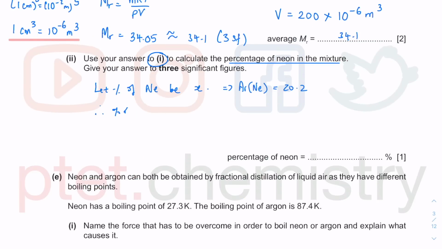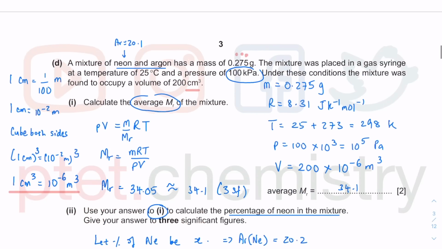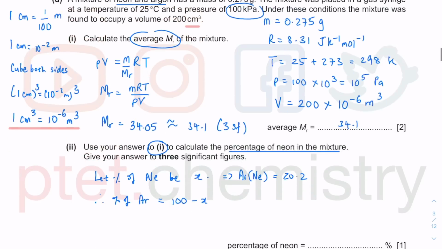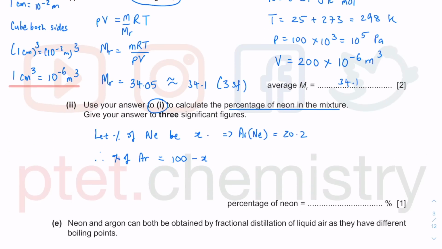Therefore, the percentage of argon will be equal to 100 minus X because you have neon and argon. So if this is 100 minus X percent, do we know the Ar of argon? Yes, we do from the periodic table: 39.9.